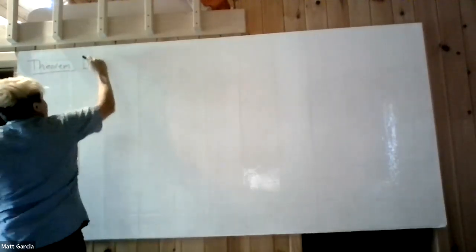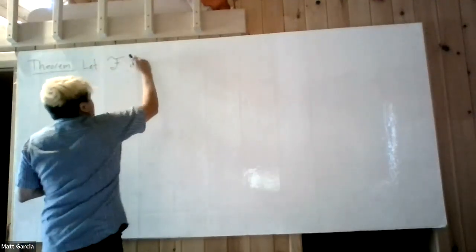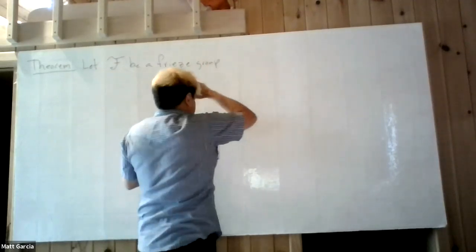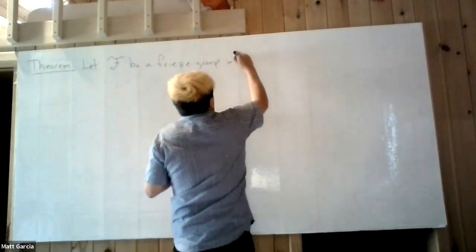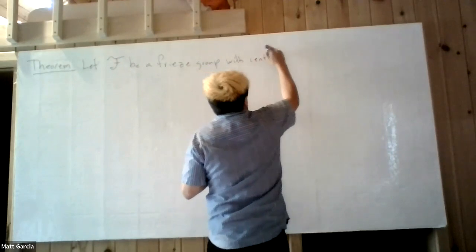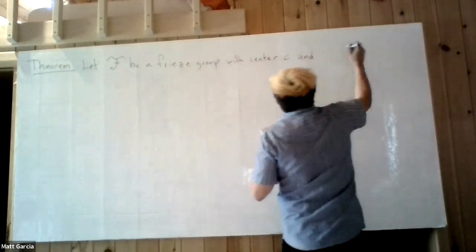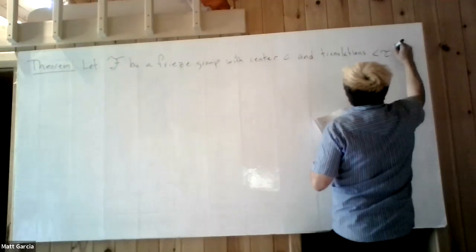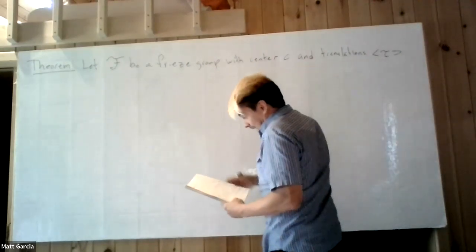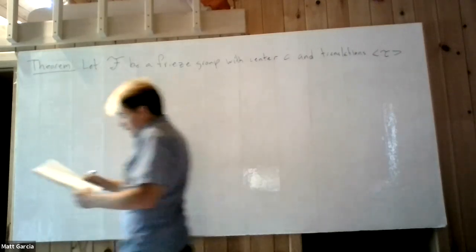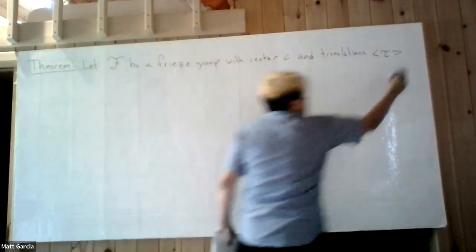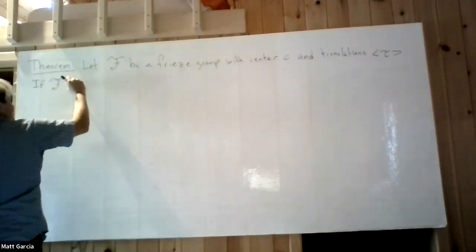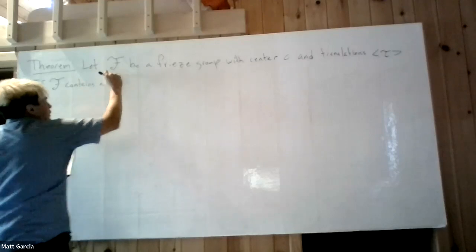Okay, so let F be a Frieze group with center C and translations, the group generated by tau. Suppose F contains a half turn.